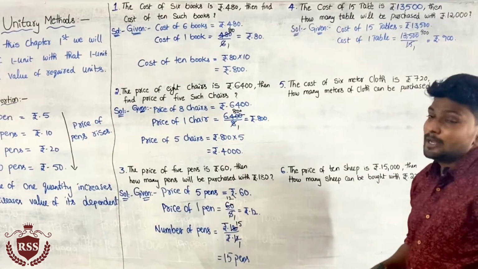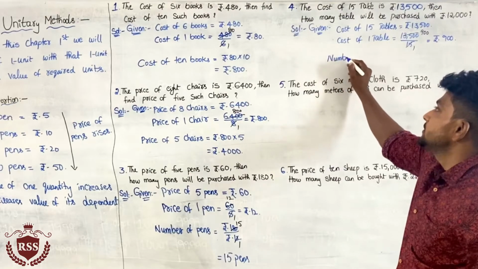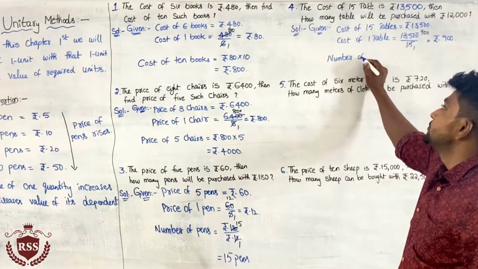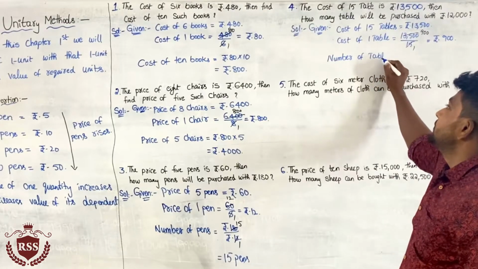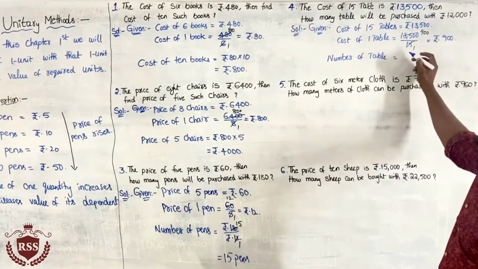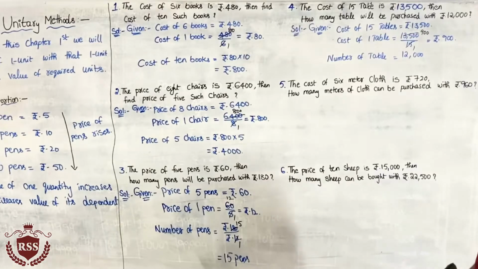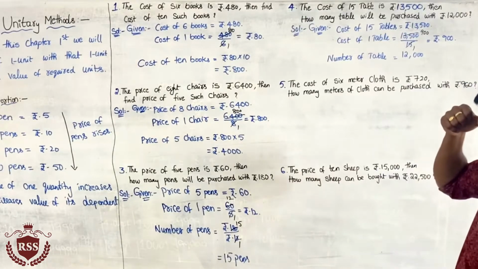So now we require the number of tables. How many tables means the number of tables we need for the price.